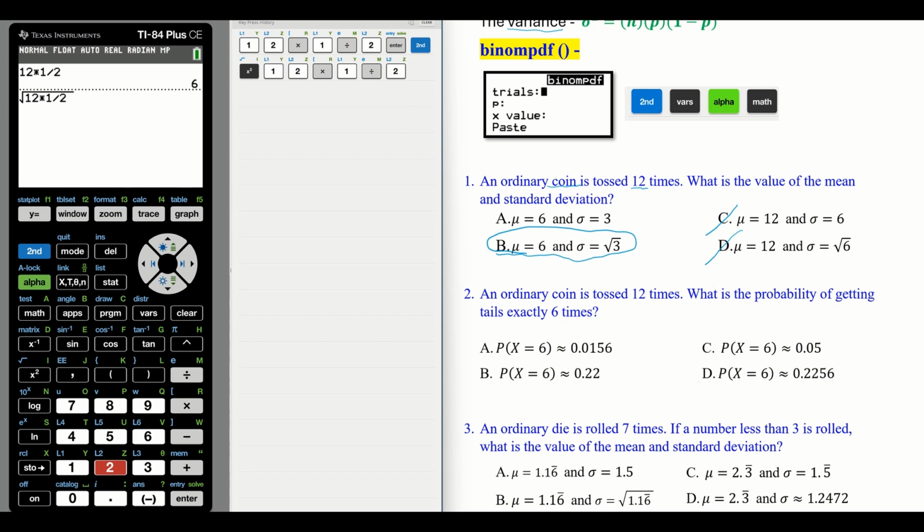Now we are also going to multiply that times 1 minus our probability, but we need to use our parentheses, and parentheses again, because we could run into an order of operations issue. So that probability is 1 divided by 2. And we know 1 minus a half is a half, but just for calculator use sake.